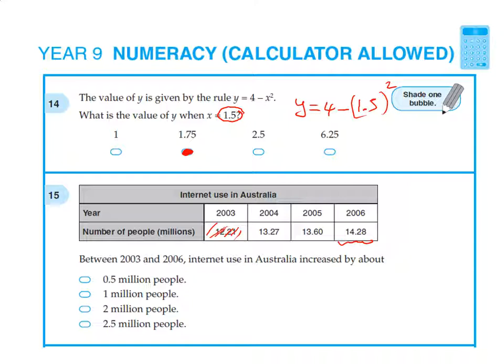To find the increase, we just find the difference. 14.28 minus 12.21, you just type it out and you should get 2.07 million people. So therefore, it's roughly about 2 million. All right? Okay, next one.